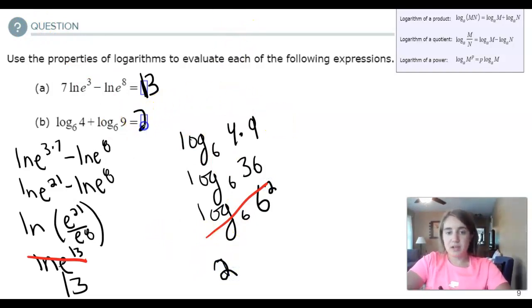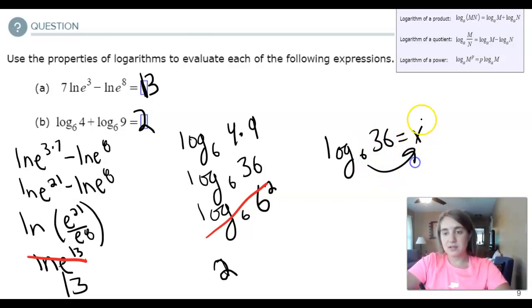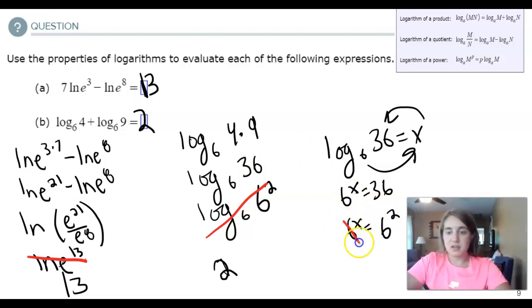Or I can think of it as log base 6 of 36 equals x. 6 to the x equals 36. 6 to the power of x equals 6 squared. And I get my missing thing is 2. So there's a couple different ways you can think of these.